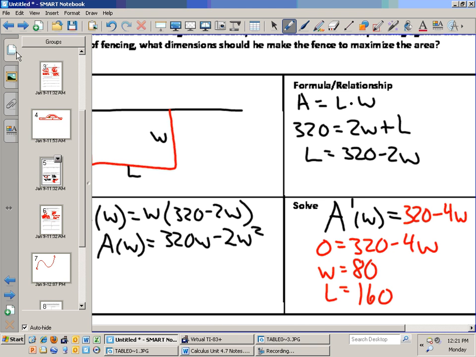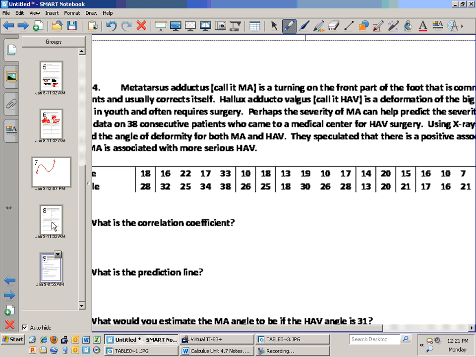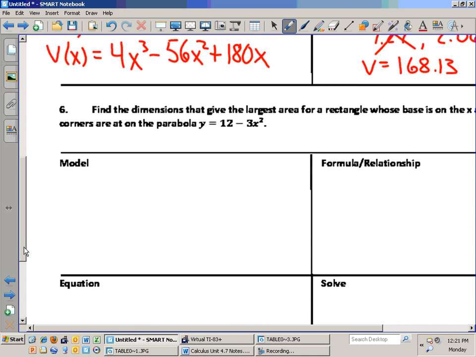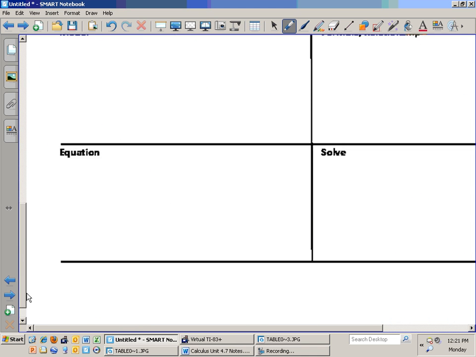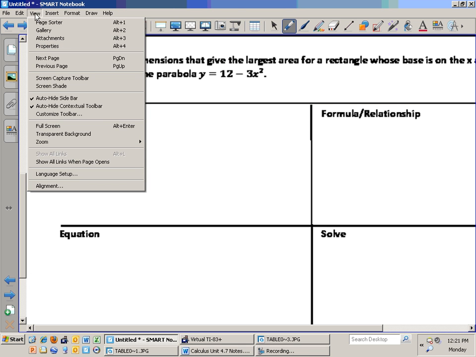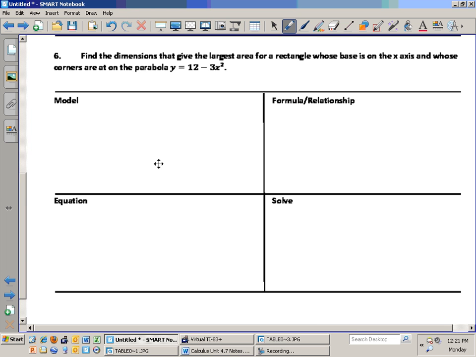Let's do just one more example. Okay, this is a good example.